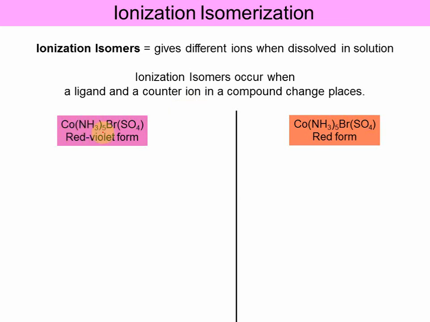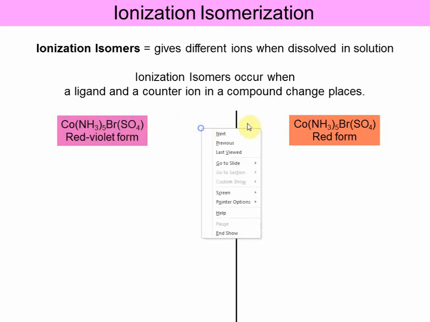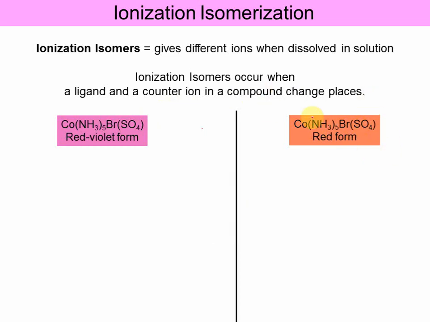And there's another compound that has the exact same composition, but one is red and the other is red-violet. So if they've got different colors, there has to be something different about them, even though they contain the exact same atoms.